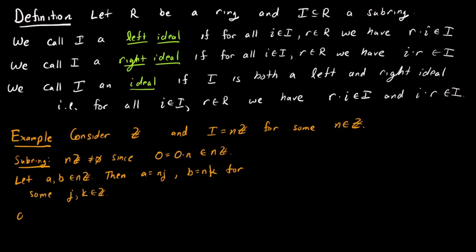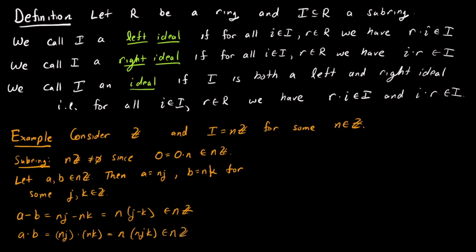All right, so I could say then a minus b is nj minus nk. So that's equal to n times (j minus k). And I know j minus k is an integer, so I've landed inside of nZ. And if I take a times b, I'm doing nj times nk. And this is simply just n times njk, which is also a multiple of n. So I've landed inside of nZ. So I have that this is a subring.